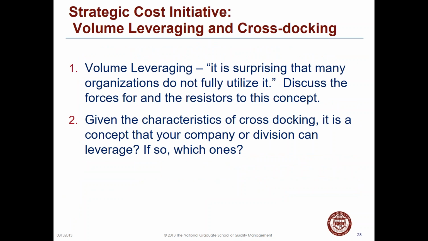Okay. So volume leveraging, like I mentioned: understand your total purchase expenditure and classify those expenditures by commodity type families, consolidating those requirements to leverage purchase volume. It is a simple yet effective cost reduction strategy. And in your textbook, if you remember reading that, Hanfeld goes on to say it's surprising that many organizations don't fully utilize that. And that's true.